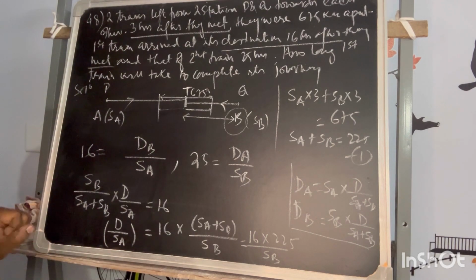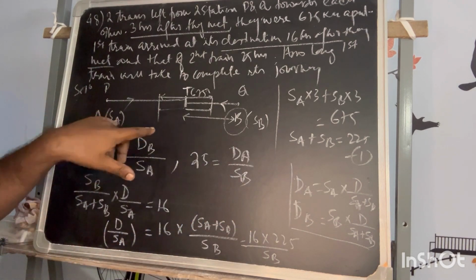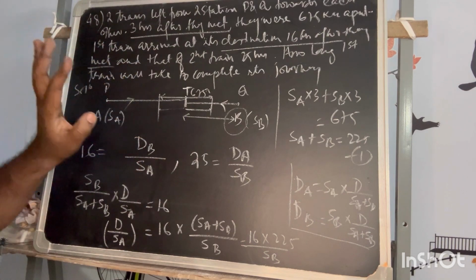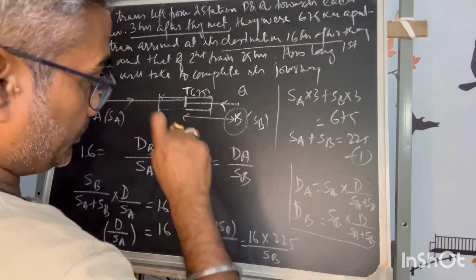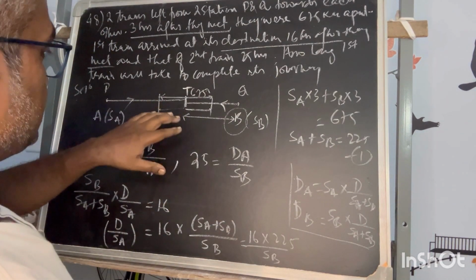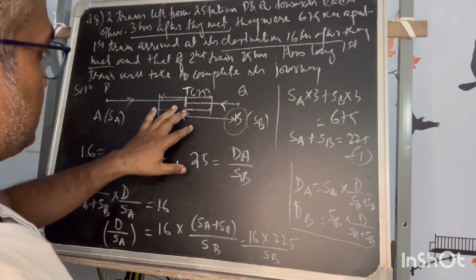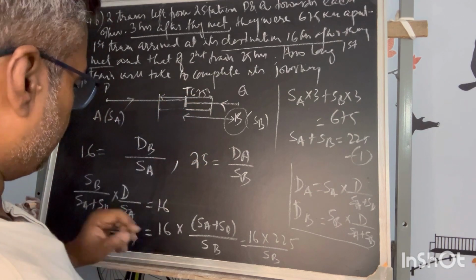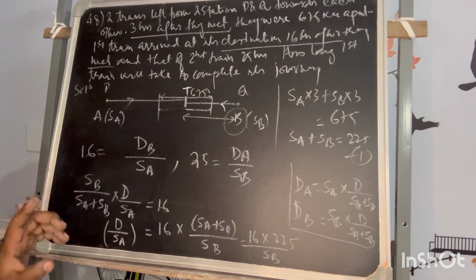So this is one part. Now how will you get this one? Again, the time taken for this is SA into T, where D by T we know.